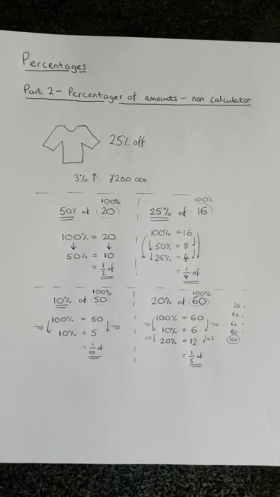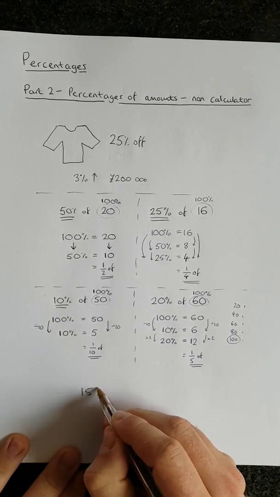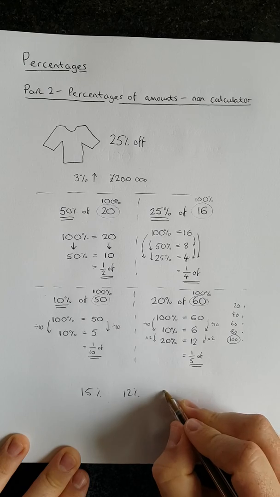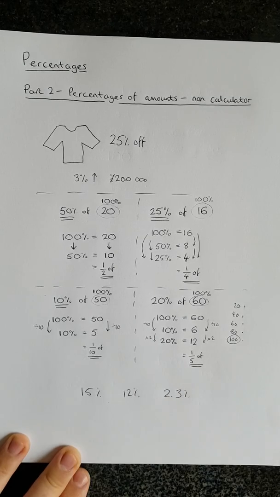It's up to you which way you do it, but all of those are useful. In the next part, we're going to build up and do some more complicated calculations involving things like 15%, and then we're going to go into things like 12%. Then we'll go on to things like 2.3%.